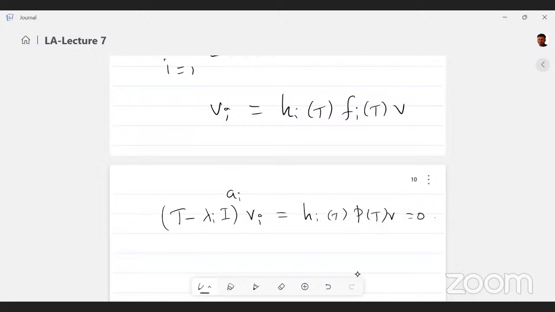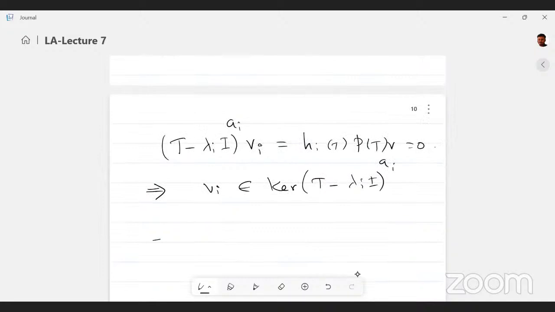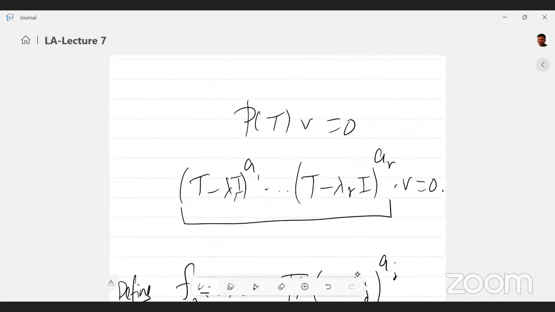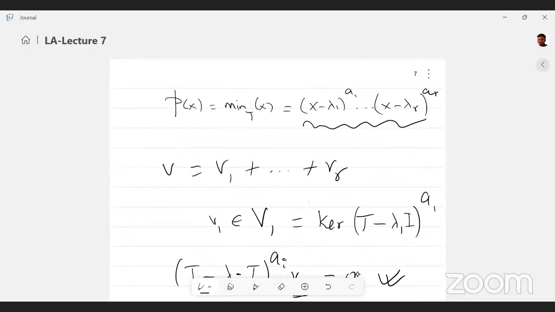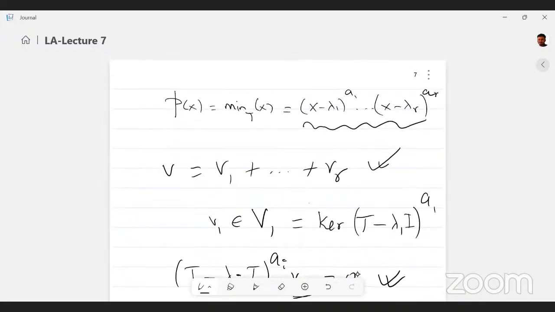So that will imply that Vi is in the kernel of T minus lambda I power Ai. And this implies V can be written as V1 plus etc. plus Vr with Vi in this Vi, capital V. This proves the first statement that we wanted.